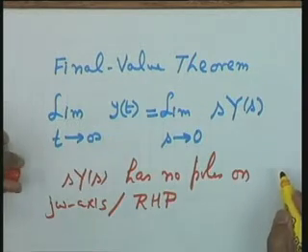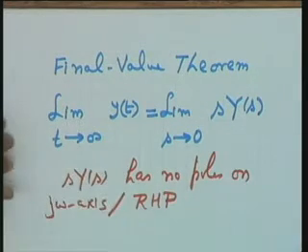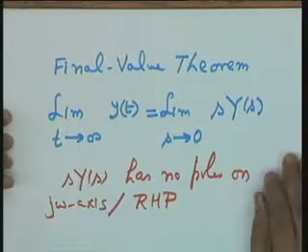This point, the applicability of the final value theorem, may please be noted. Many a times we make an error here. So, this final value theorem will give you the correct result by using this particular relationship, provided s Y(s) has no poles on the j omega axis or in the right half plane.